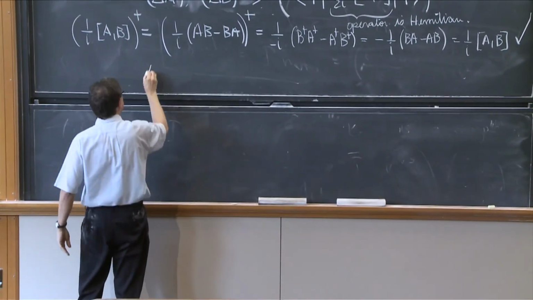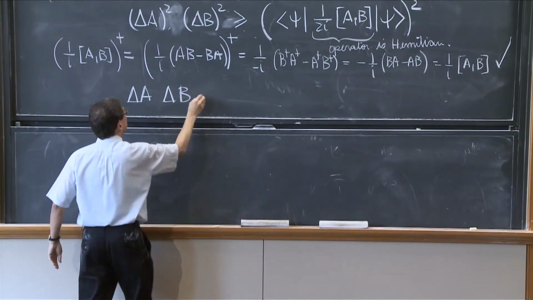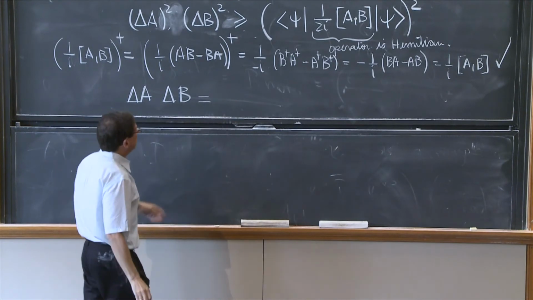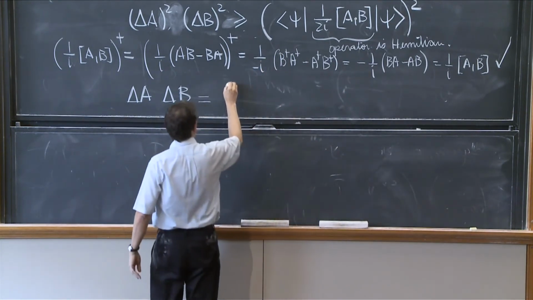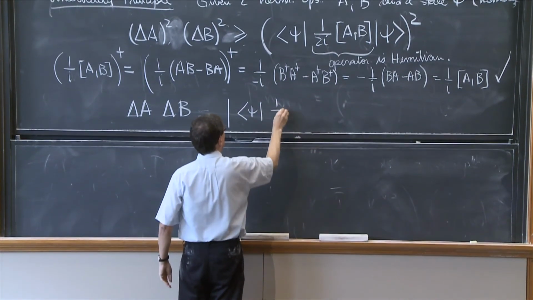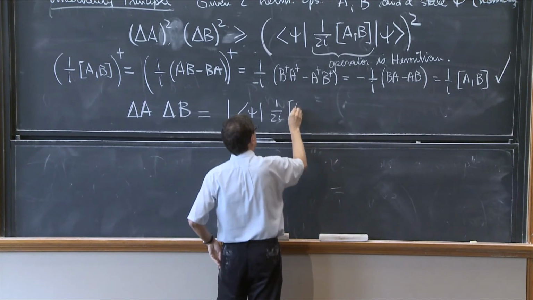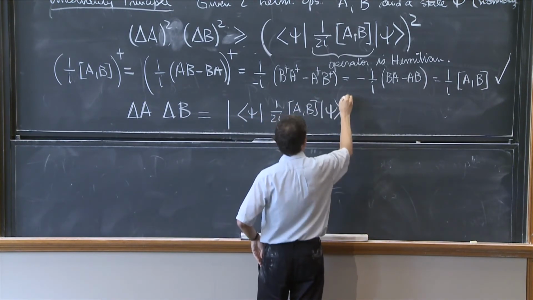So you could write delta A times delta B is greater than or equal to, since this is a real number, the absolute value of psi, 1 over 2i, commutator of A and B, psi.